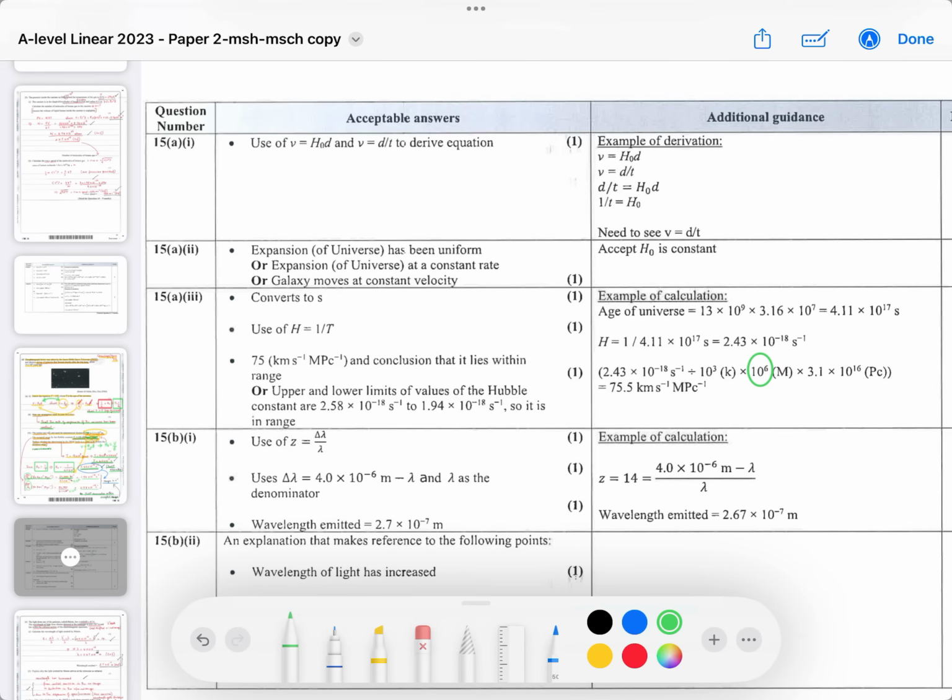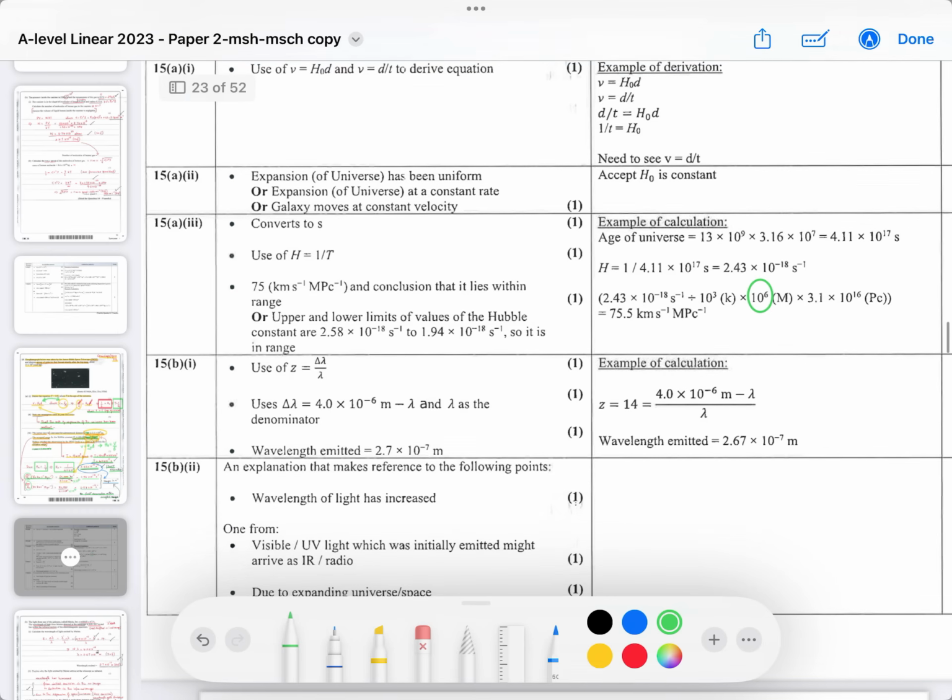I think you can follow their worked example as well. They may have used a slightly different method, but you can try it. You can work out the range from 60 to 80 kilometers per second per megaparsec into per seconds, or you could try to convert the seconds into kilometers per second per megaparsec. I think it's easier the way I've done it; I find it less confusing personally.